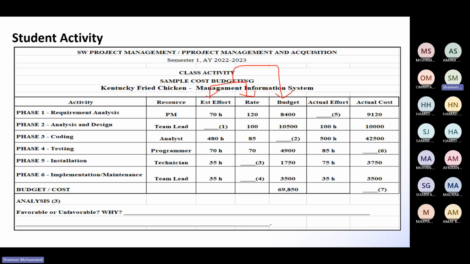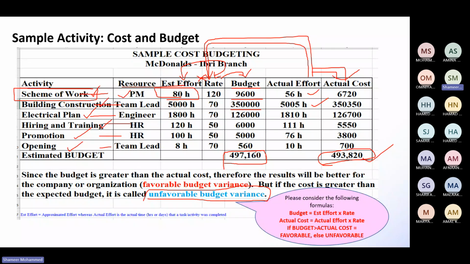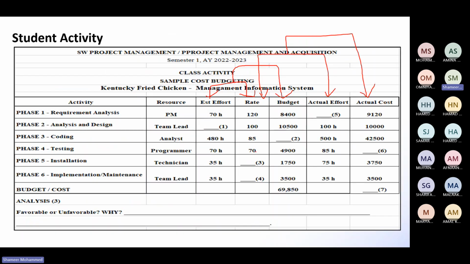And this one, you need rate and actual effort. If you multiply this, then you will get this one. Okay, actual effort and rate.